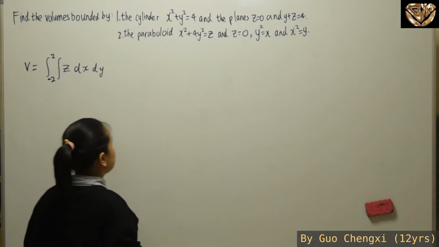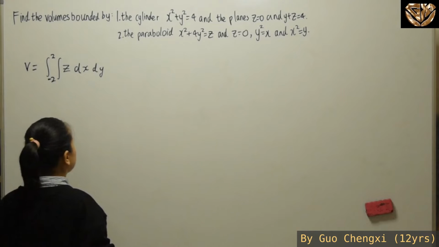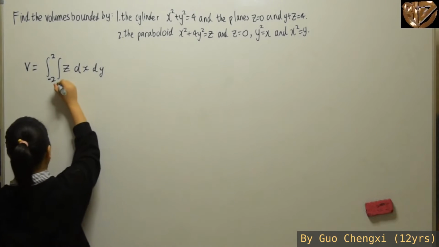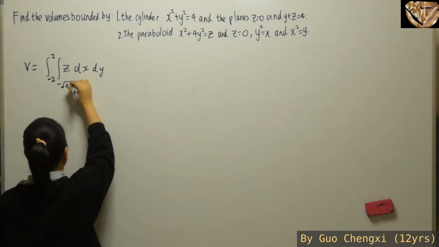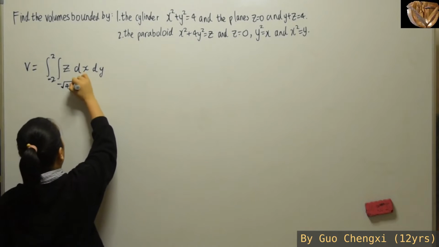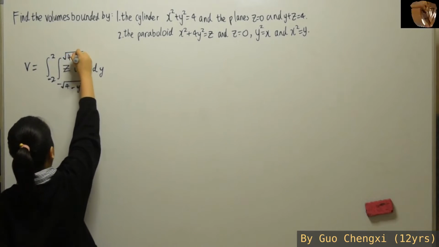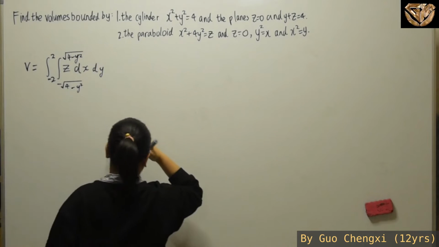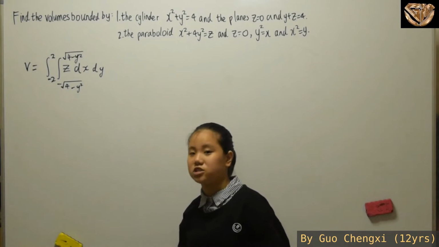So x squared is basically 4 minus y squared, so x is either negative square root 4 minus y squared or positive square root 4 minus y squared. Okay, so in this case, I am integrating with respect to x first.